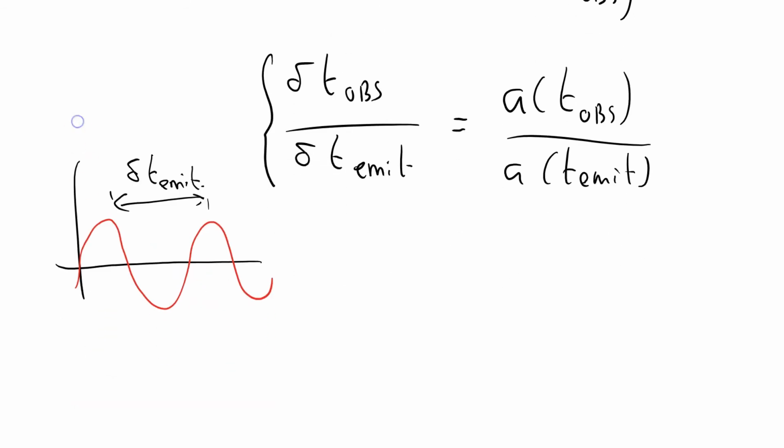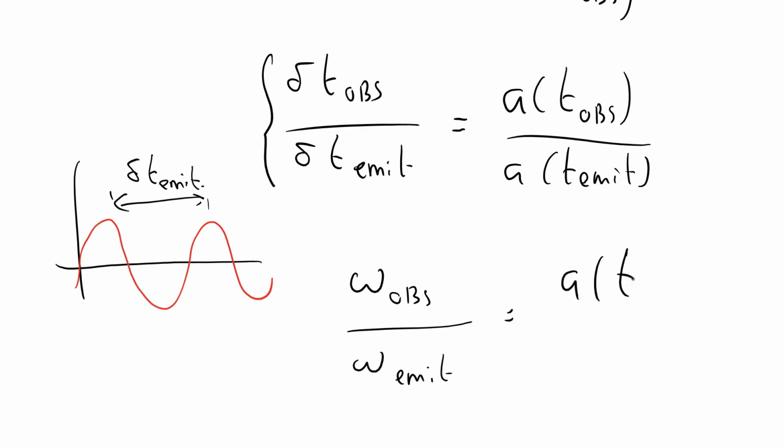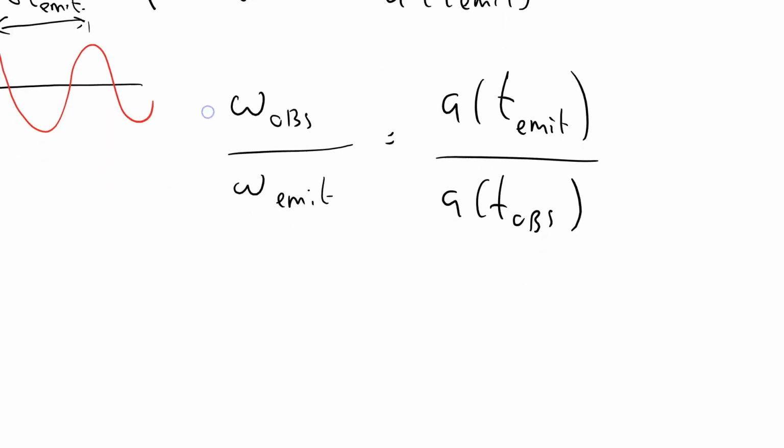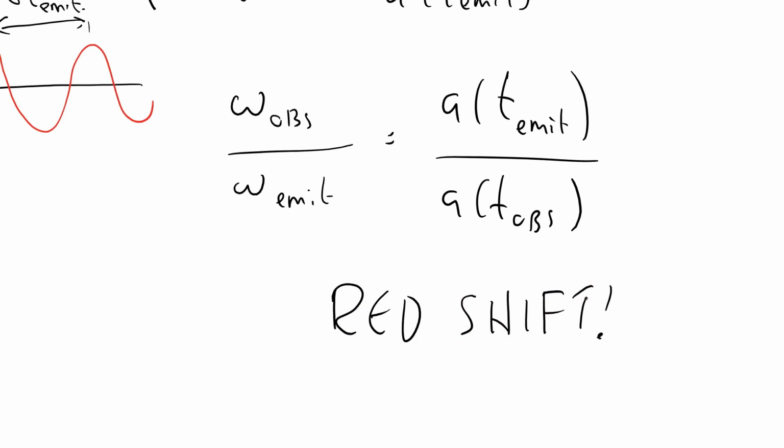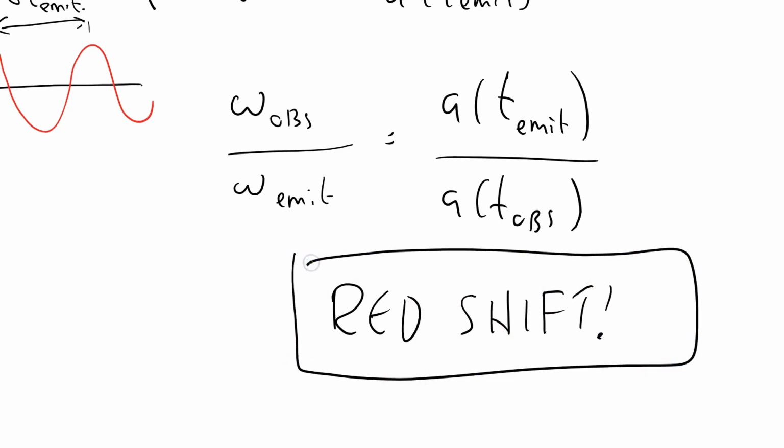And so what that tells me is that the frequency of the light, which is proportional to 1 over the delta t, obeys this law: omega obs divided by omega emit equals a of t emit over a of t obs. And that is a redshift. So this is the origin of the redshift.